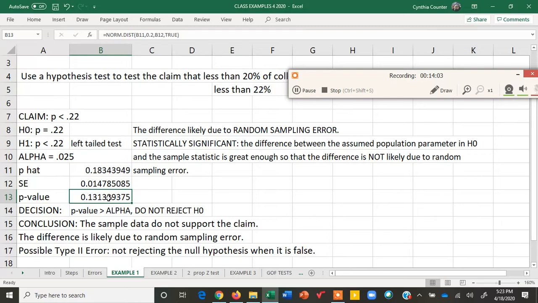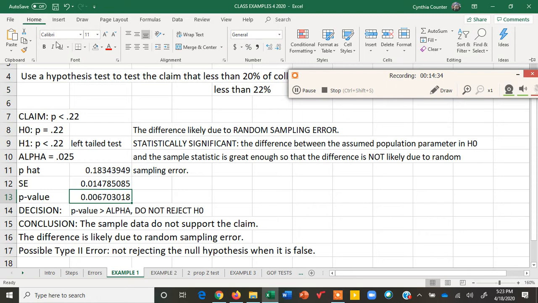Now we go to here, and I have to change my assumed mean to 0.22. The other values, the p-hat and the standard error, automatically changed because I had clicked on these cells. So the only thing I have to physically change is the 0.22. So I make that little change, and look at this now.